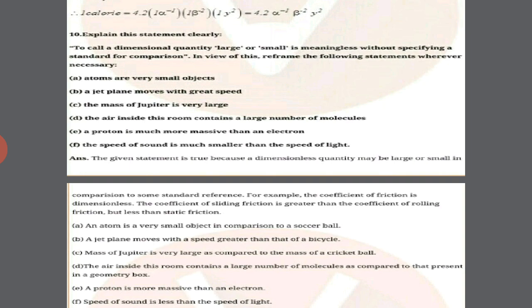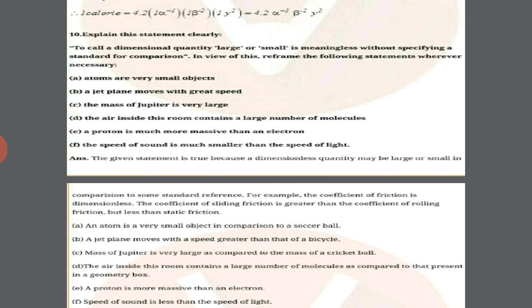An atom is a very small object in comparison to a football. A jet plane moves with a great speed, greater than that of a bicycle. The mass of Jupiter is very large, as compared to the mass of a cricket ball.